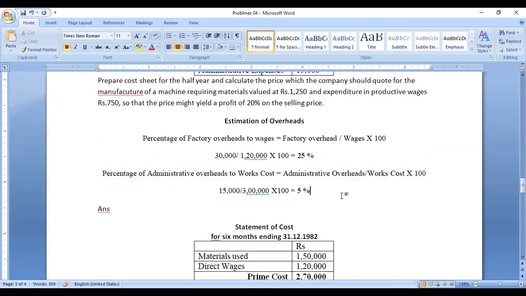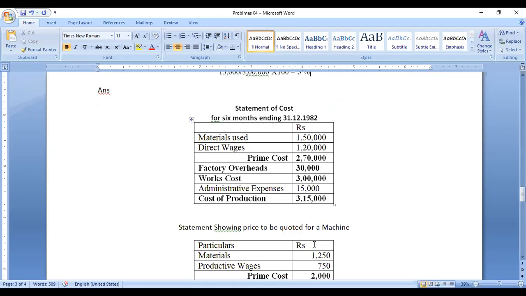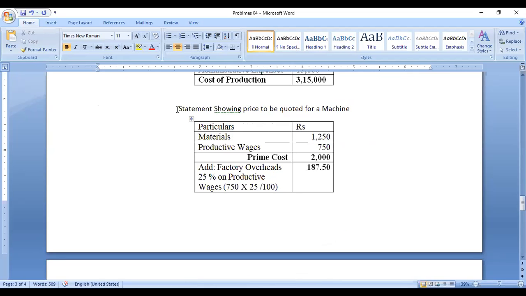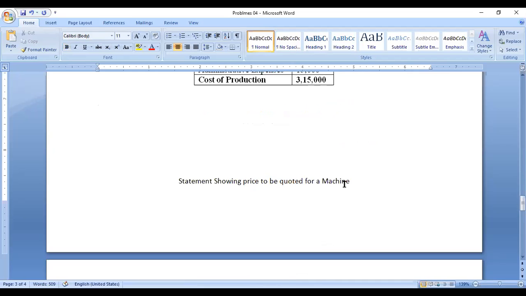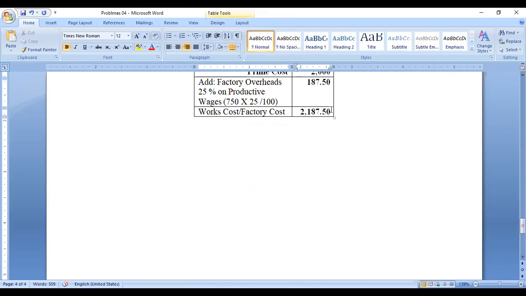So now we can assume that from the work cost, if you multiply by 5%, you get the administrative overheads. So now we can move on to the next one. After the work cost, we have to add administrative overheads, 5% on work cost.